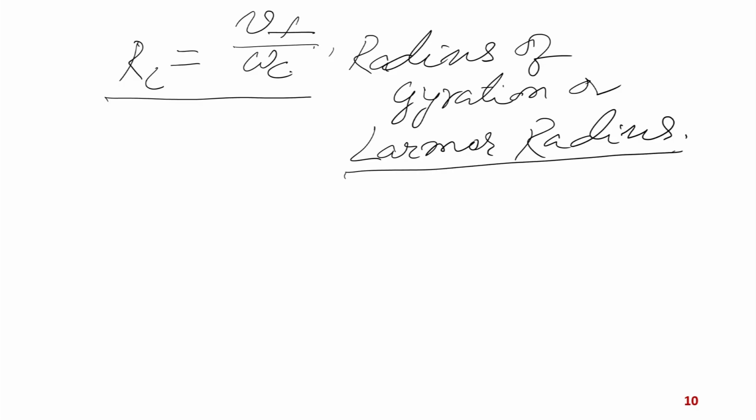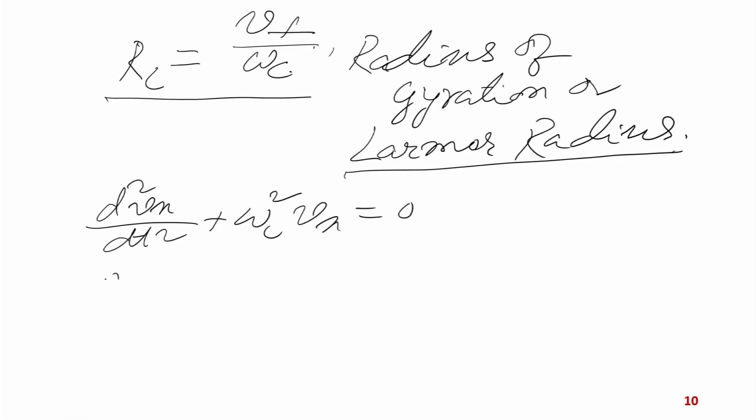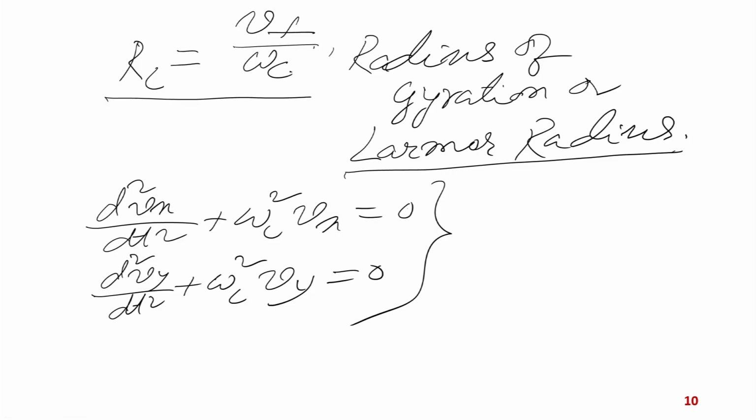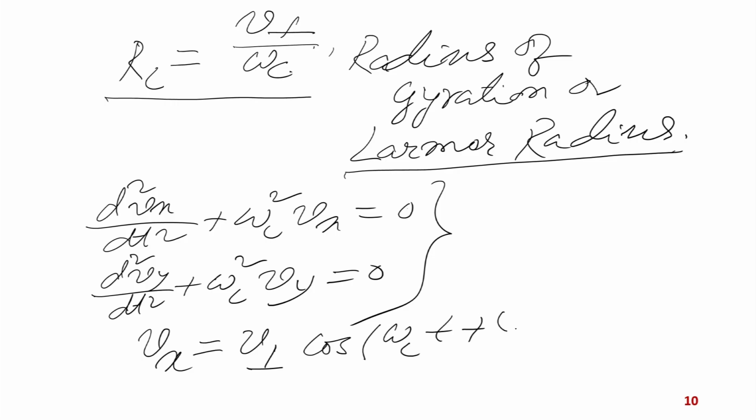Now, these two equations we wrote are the differential equations: d square V x by dt square plus omega c square V x is equal to 0, and d square V y by dt square likewise. Since this is simple harmonic motion, I can write V x is equal to V perpendicular cos of omega c t plus psi.